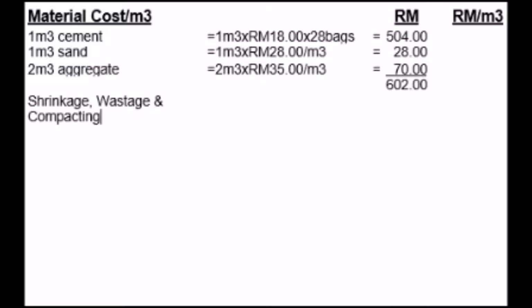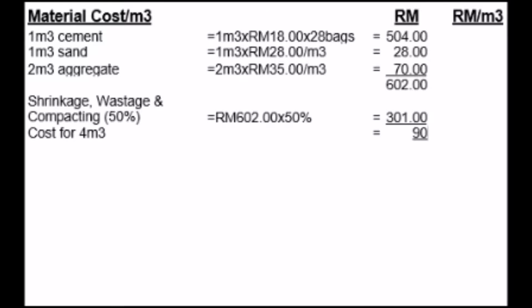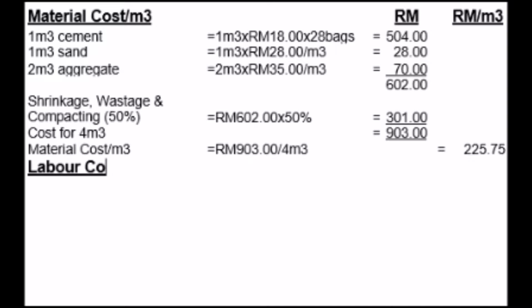Not forgetting the shrinkage, wastage, and also compacting, which is 50%. Then the material cost per meter cube will be 225 ringgit and 75 cents.